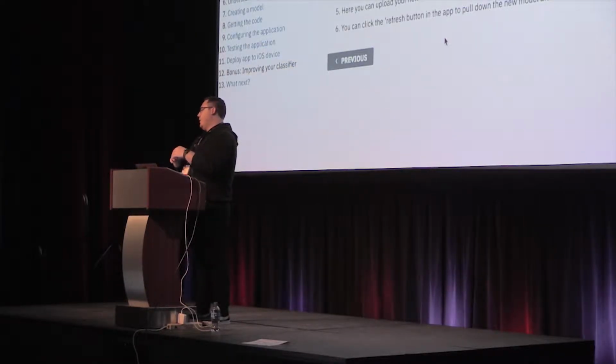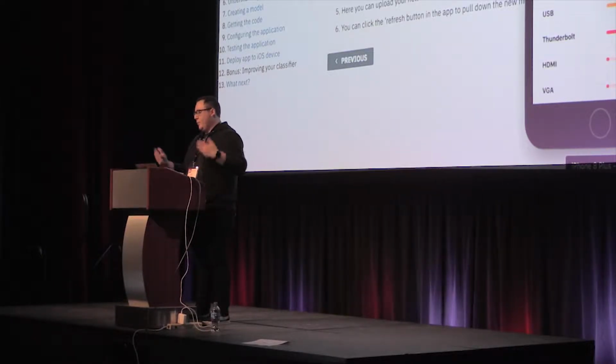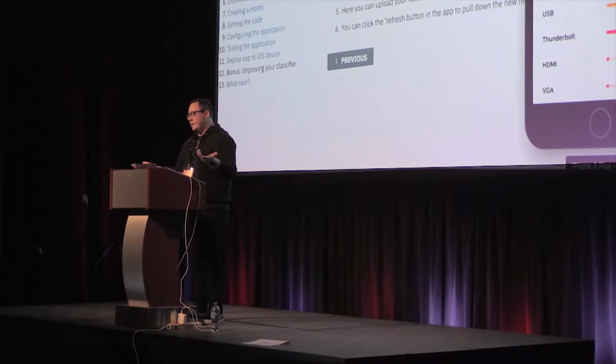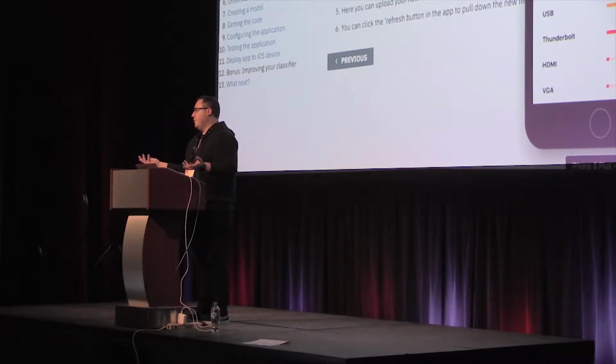So there's kind of a bonus. Like I showed you, when we test it, the classifier is good, but not necessarily great. The confidence score is high, but it could be better, right?